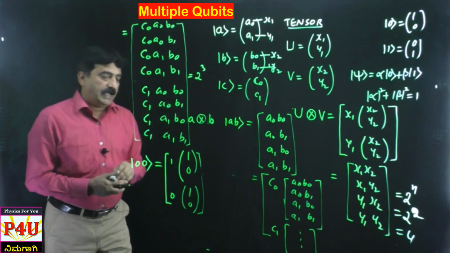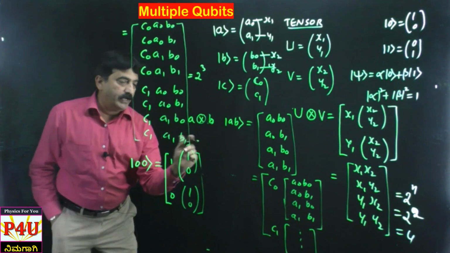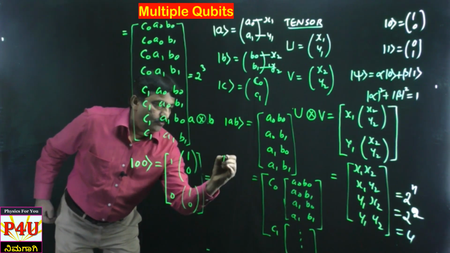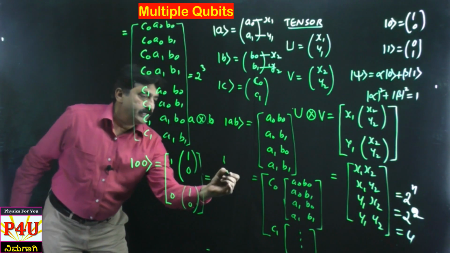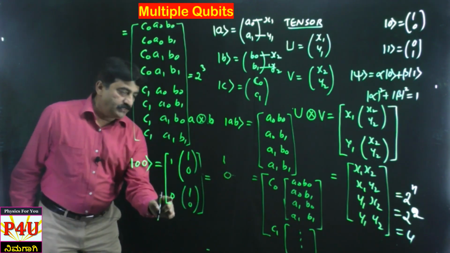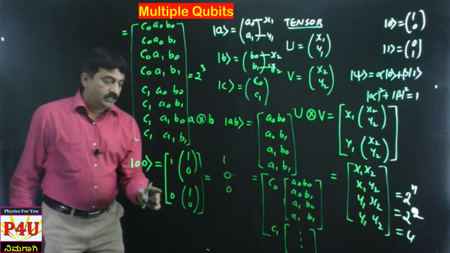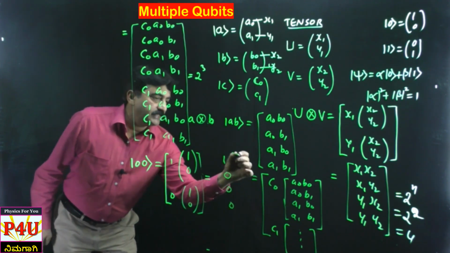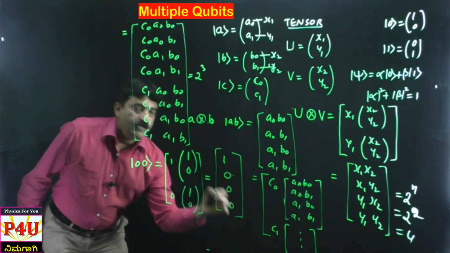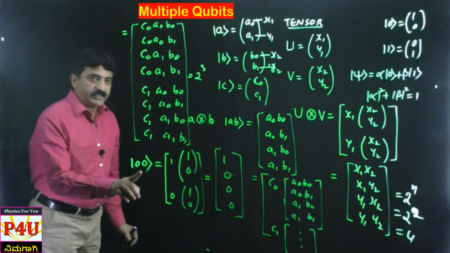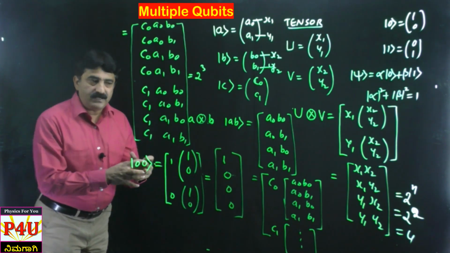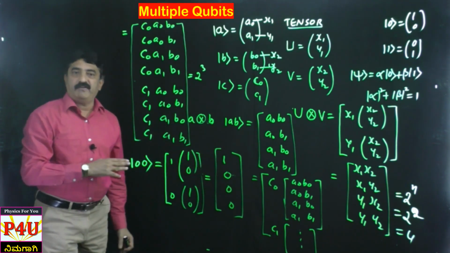Let us see what will happen. Now 1 into 1, it is 1. 1 into 0 is equal to 0. Correct? Next 0 into 1 is 0. 0 into 0, yes, it is 0. Correct? Understood?